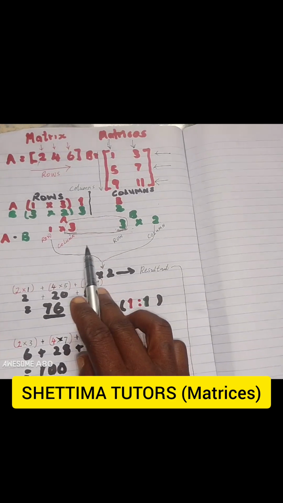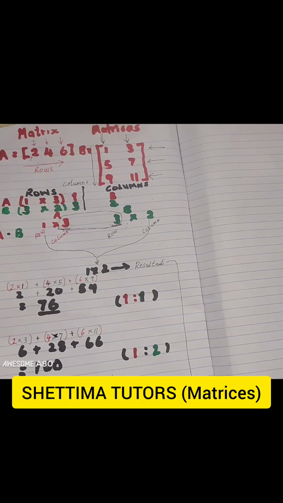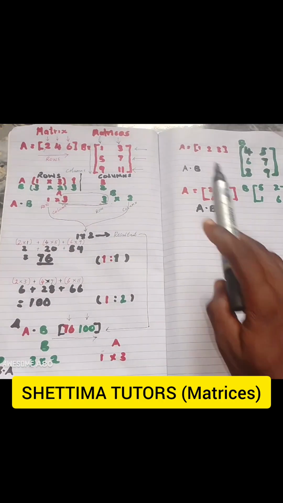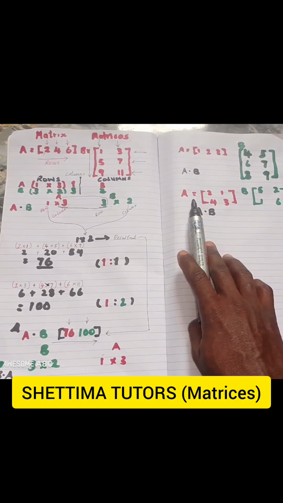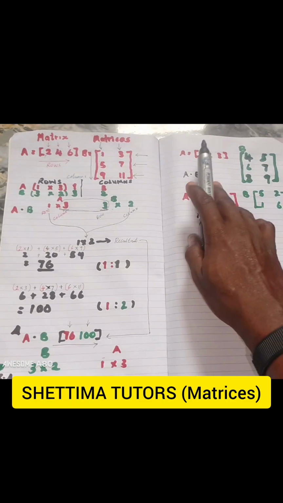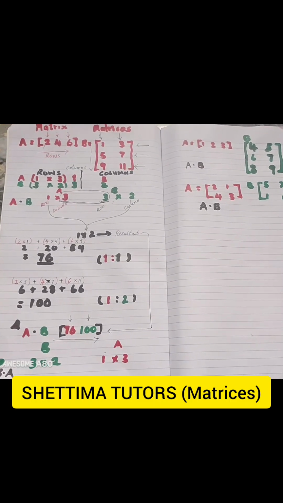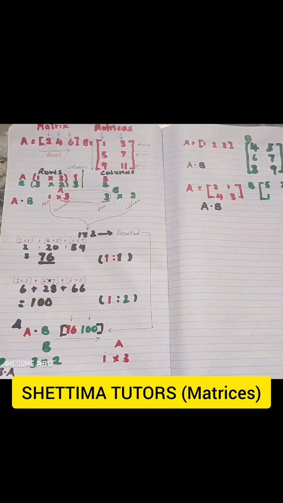You see, 1, 2, 3 and 1, 2, 3. You'll be given a task to multiply this matrix and this matrix, and I want you to give me the answer, 1 by 2. But before you even start, you always check if it is defined. How do you find out?